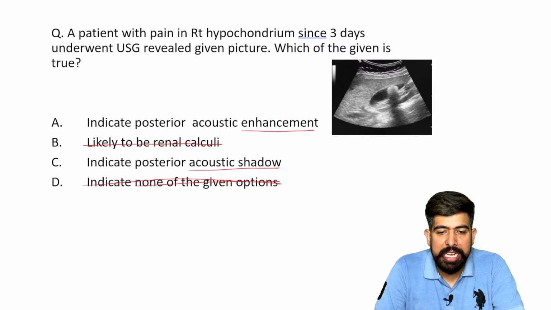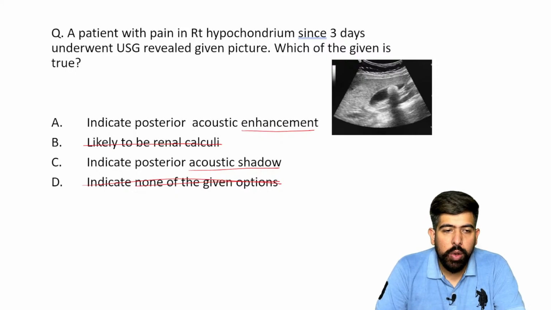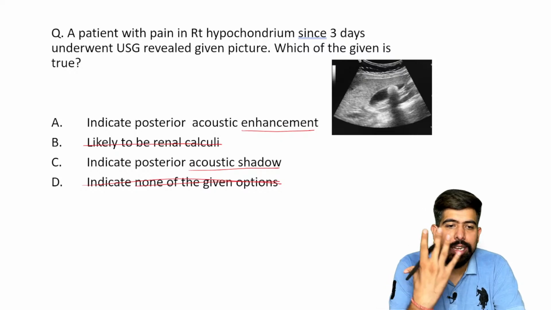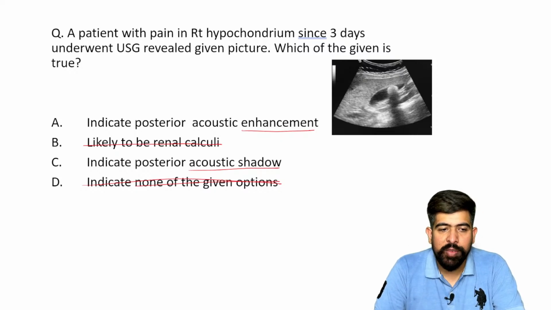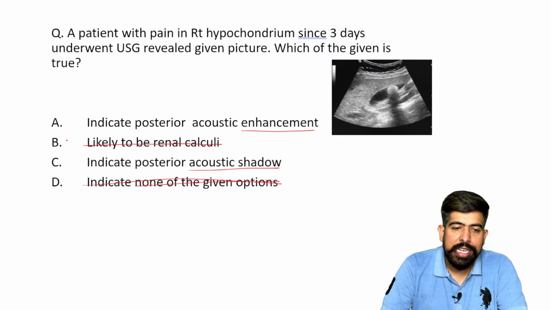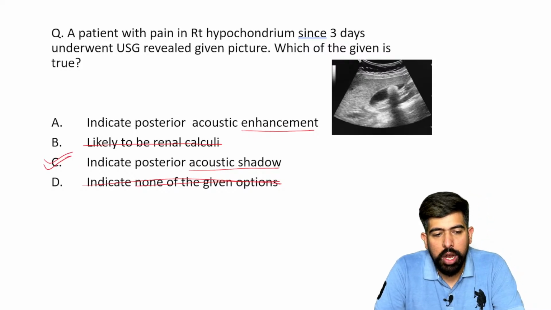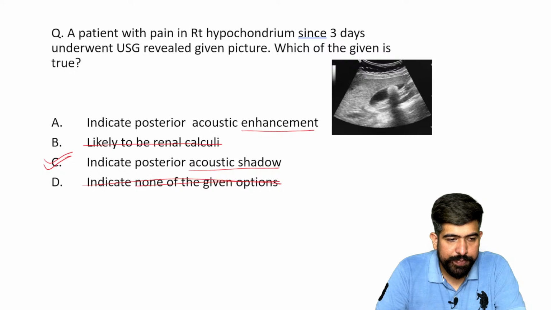And please remember, this is a stone in the gallbladder, which is cholelithiasis. By seeing this ultrasound image, due to this acoustic shadow, you can identify that there is a gallbladder stone, known as cholelithiasis, right, guys?